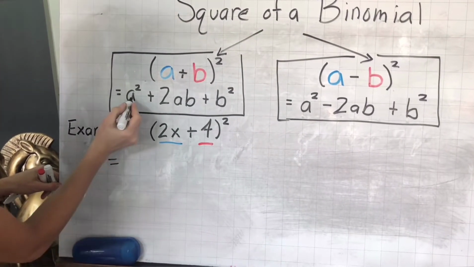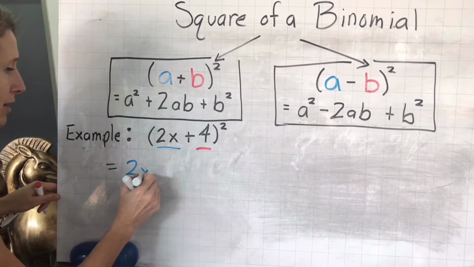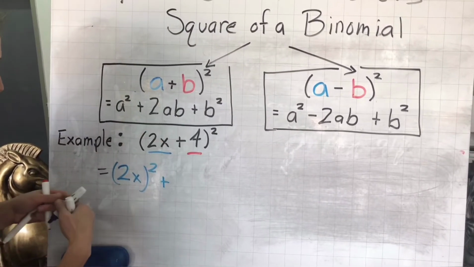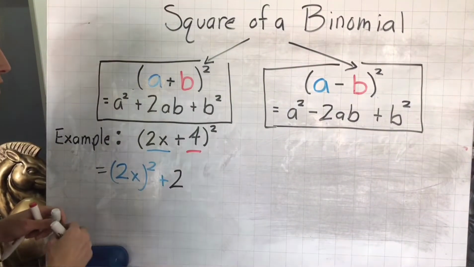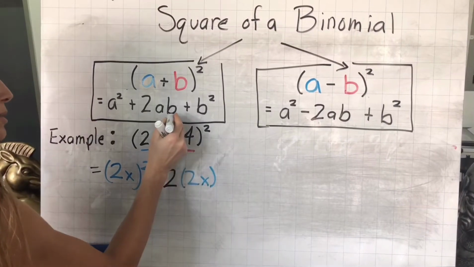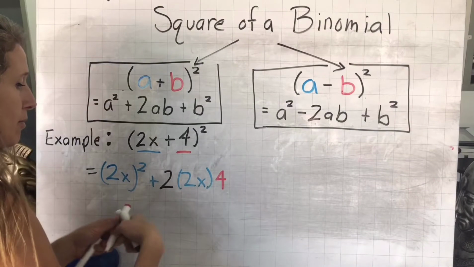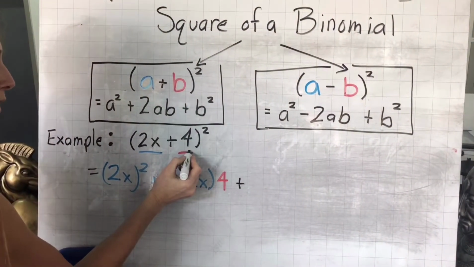Equal a squared, so we put in parentheses 2x squared plus 2 times a, which is 2x, times b, which is 4, plus the final term b squared, 4 squared.